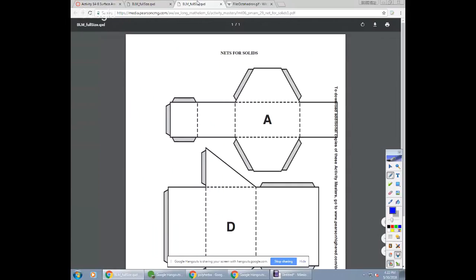So when we have shapes like this on paper, these are called nets for polyhedron.